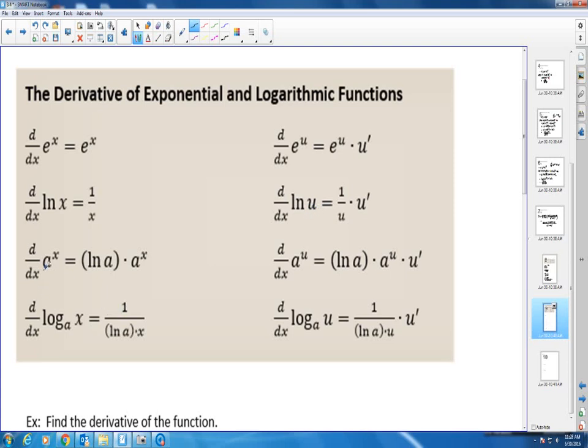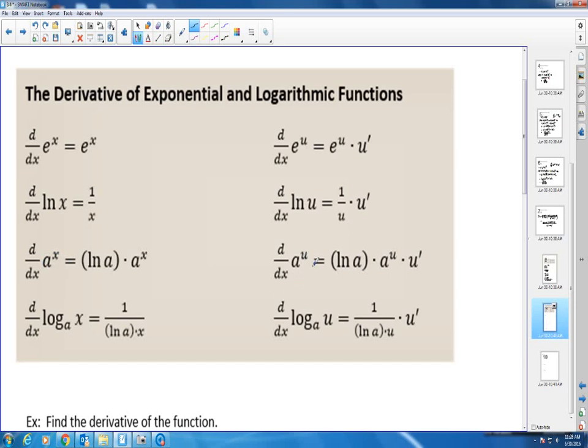Okay, bases other than e. So if my exponent is up here, normally the derivative of a to the x with respect to x will just be natural log of my base, times itself, a to the x.